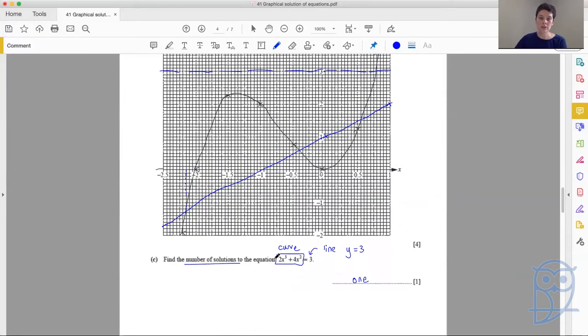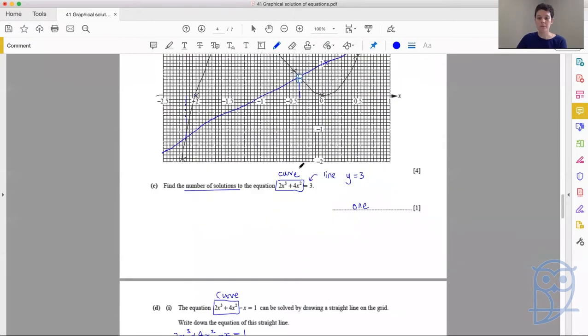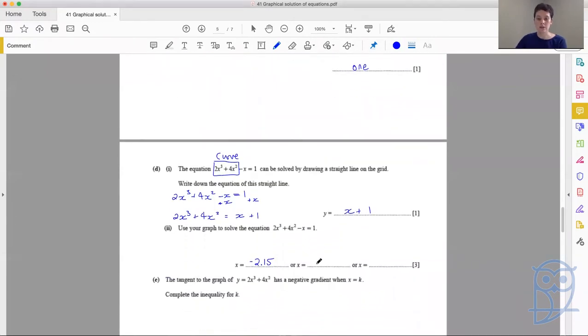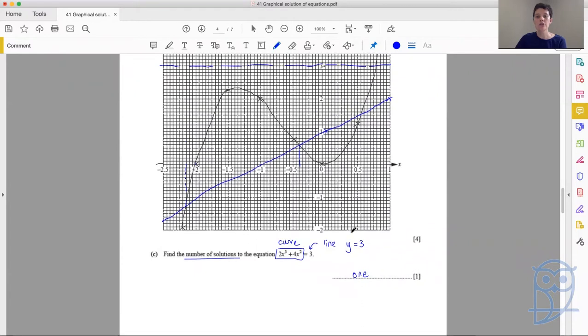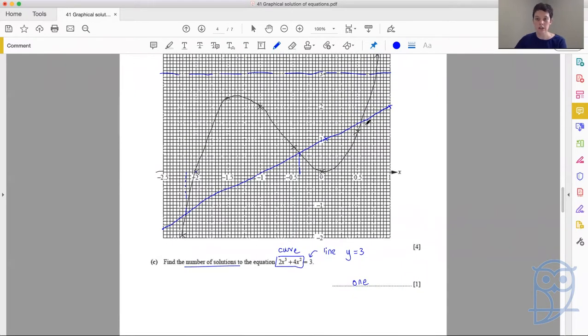Our second solution is this intersection here. So let's bring that down to the x-axis and figure out where we are. So there's a -0.5, so we're moving this way. We're bang on -0.4. So our second solution, -0.4. And then our third solution is the third intersection.